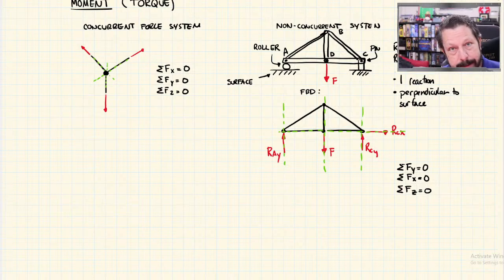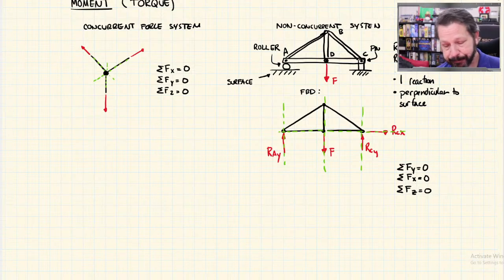But there's one thing it could do in the current setting that I don't want it to do. And that is that technically, if the right forces acted on this thing, among these 3 equations, X, Y, and Z, those equations do not prevent the truss from rotating.